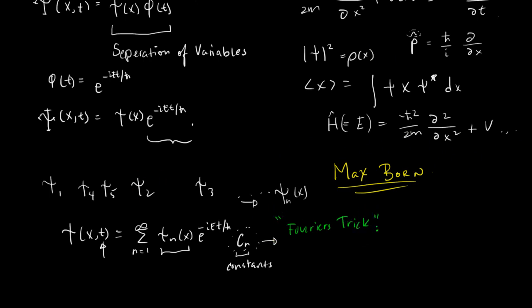And then we're going to find out that c of n is actually the integral of the stationary states, but complex conjugated, times psi of x and 0, and of course this is dx.